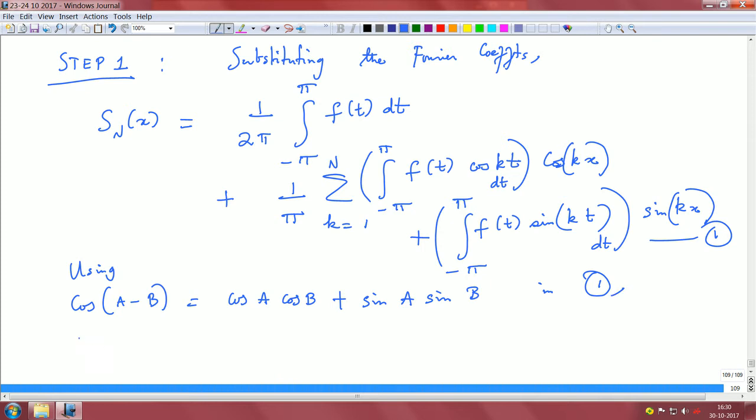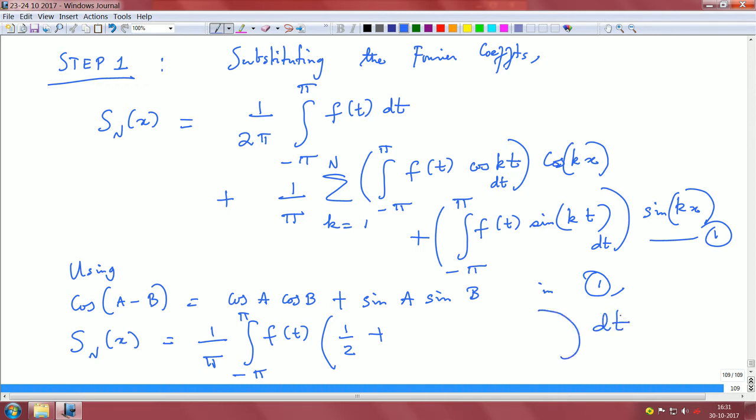We can simplify Sn of x. This is 1 upon pi integral minus pi to pi f of t, there is a half factor outside. So, 1 by 2 pi integral minus pi to pi f t dt is this term. So, I will put a dt here.